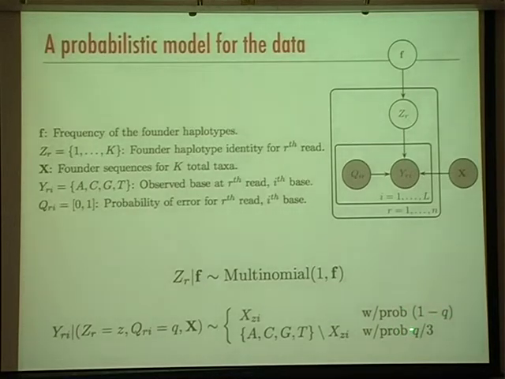And with an error probability divided by 3, we're going to make a mistake to one of the other bases that is not the base that is in the haplotype, the founding haplotype. Okay. So right now, it's a model where errors go equally in all 3 directions. Now we could make this more advanced by taking into account that there are certain error modes where some nucleotides are more often mistaken as others, but as a start, we just use a simple error model in this way.